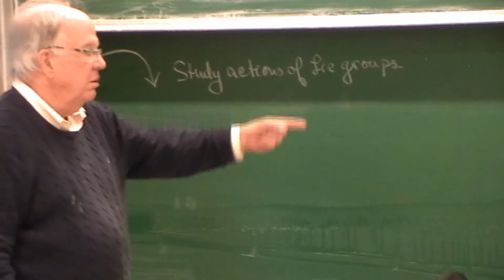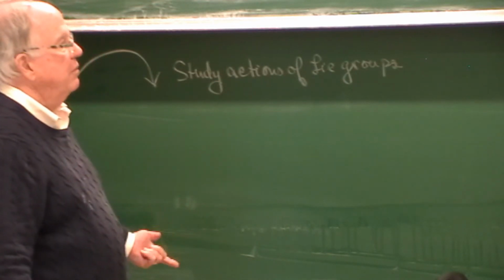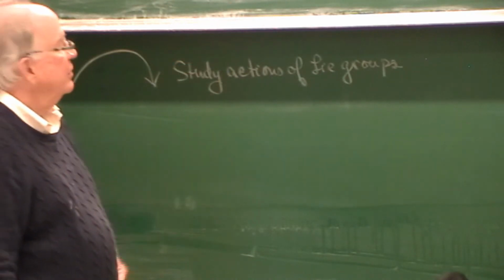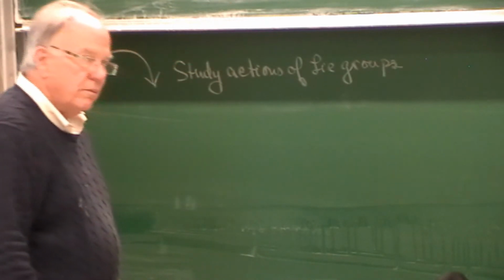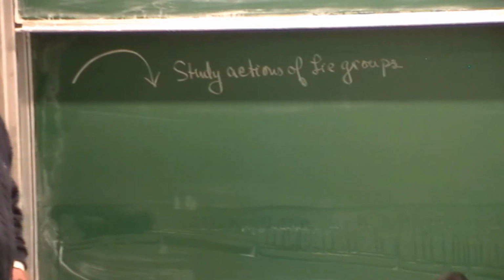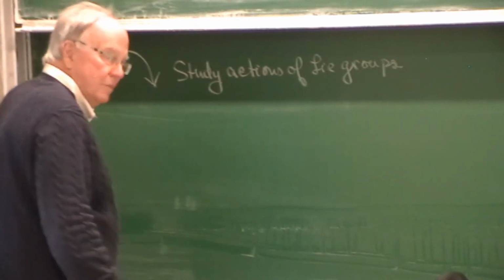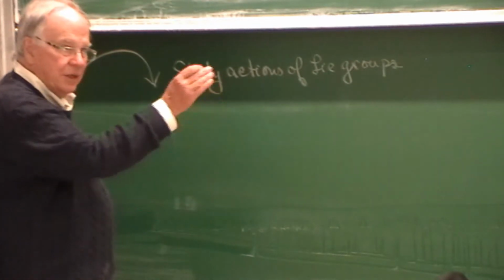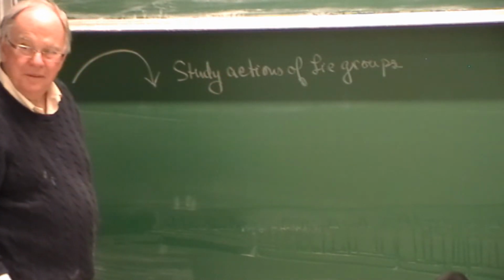Because, I mean, all of this, everywhere you look here, there's some Lie group acting that you have to understand, and particularly in this case. Okay. So let me comment on the actions of Lie groups. And then we will make our pause, and then I will finish the classification of symmetric spaces.